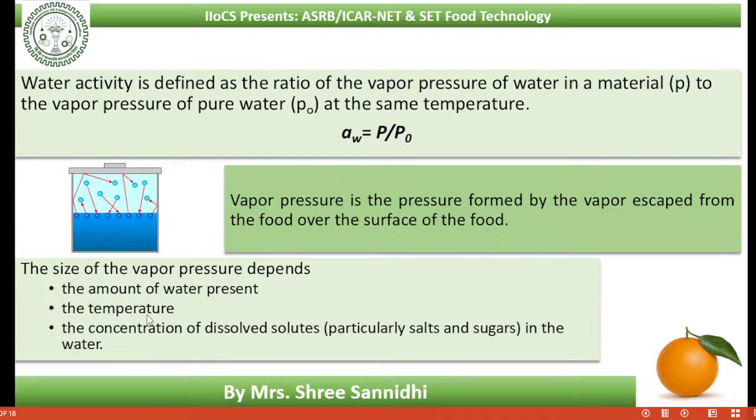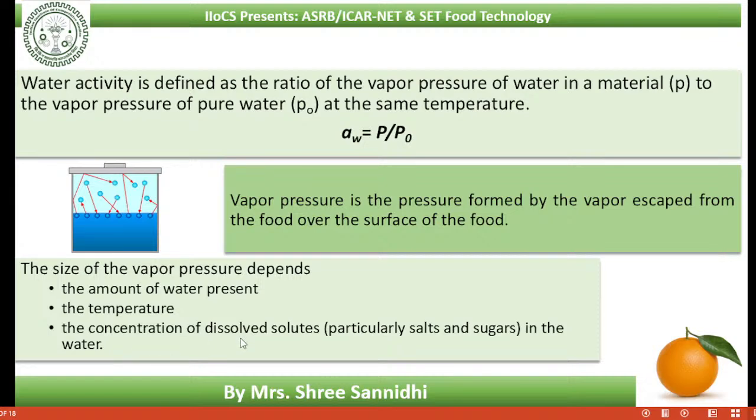Then temperature, the temperature required to mobilize the water or the vapor from the food. Then the concentration of dissolved solutes. Okay, so the dissolved solutes matter a lot, right? Dissolved solutes may convert the free water to bound water, so that we don't want, right?